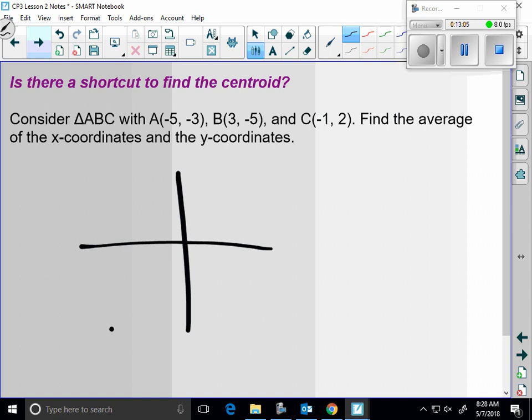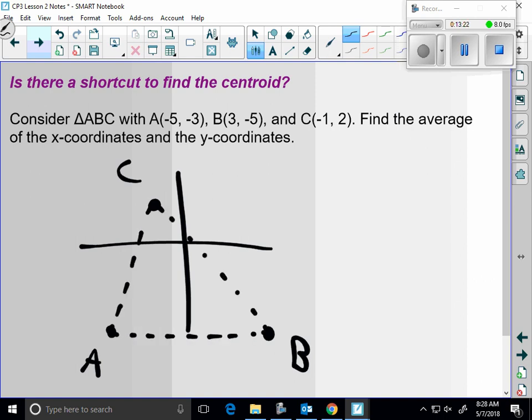A would be left and down. Let's put A over here. B would be right and down. And C would be left and up. All right. So I got this triangle. How could I find the center of gravity? Well, it's a special property, you guys.